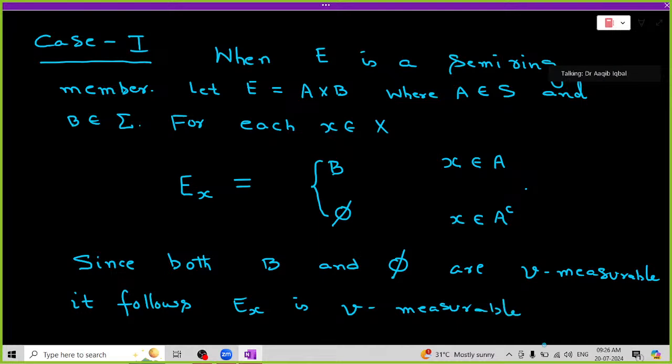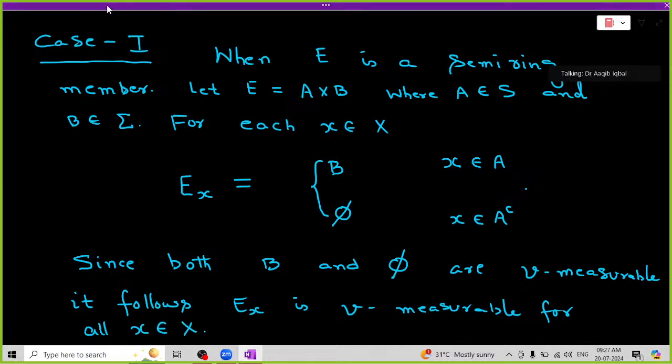In this case, the answer is for all x's. I showed you here that x can be any x. So this is true for all x's in X.